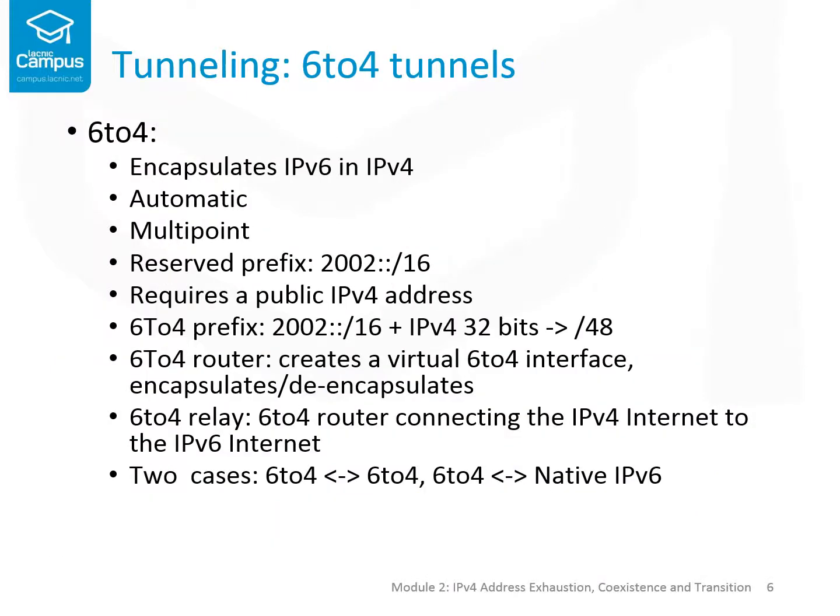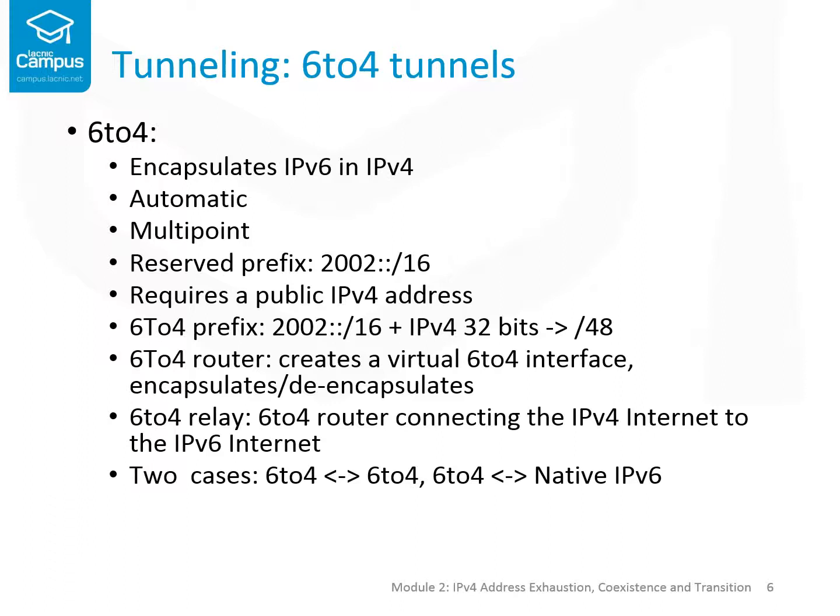6-to-4. 6-to-4 tunnels encapsulate IPv6 in IPv4. They are automatic and multi-point, and they use a prefix reserved exclusively for this transition mechanism, 2002::/16. They also require a public IPv4 address. The /48 prefix is constructed by appending the /16 prefix we've already seen and the 32 bits of the IPv4 address, so that a /48 prefix is obtained.